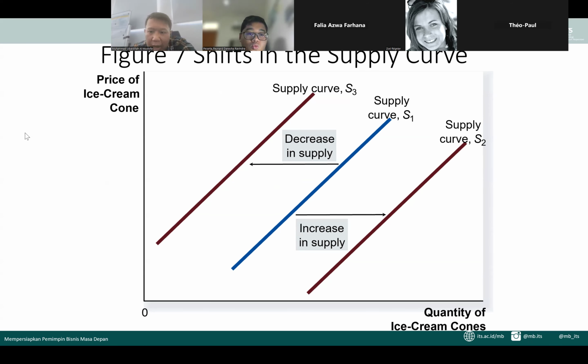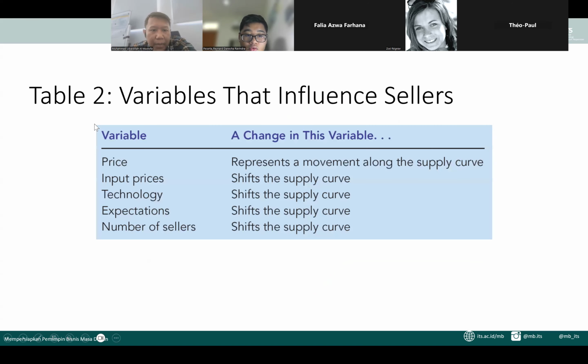When it shifts to the right, to S2, it means we have an increase in supply. But when we shift to the left, it means we have a decrease in supply. So this is the summary: a price change will make a movement along the curve, but these four will shift the supply curve.